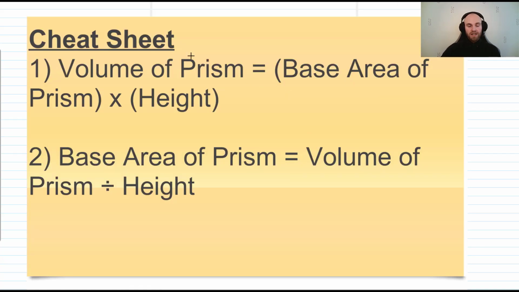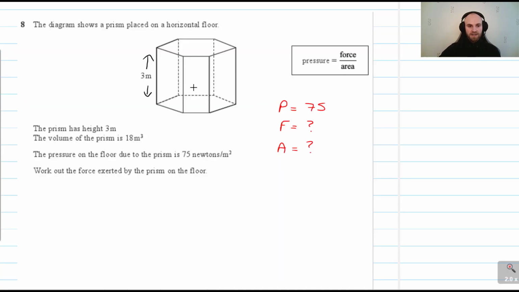So if we go to the cheat sheet, the volume of a prism is going to be the base area of the prism multiplied by the height. So I'm just going to draw this in red, this floor here. It could also be this top part here, just the base area, multiplied by the height. So this area here multiplied by the height is going to give us the entire volume of the prism.